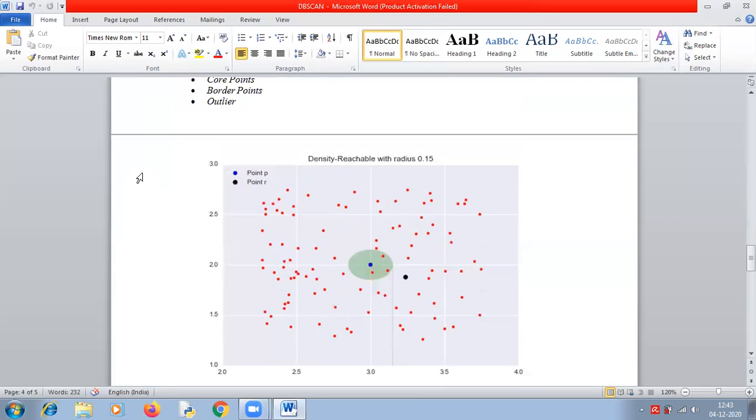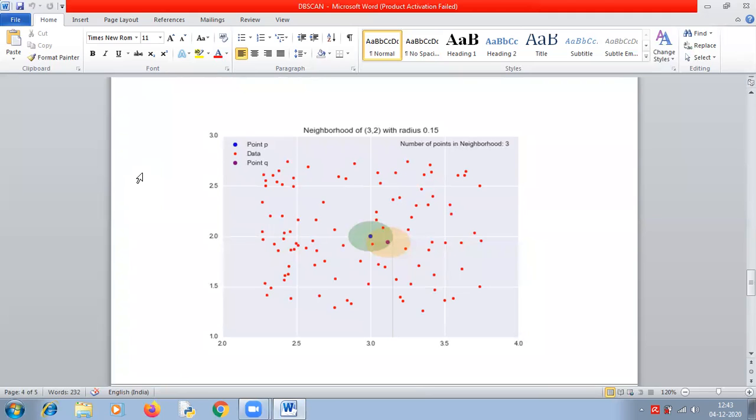So when we go up, you can see the black point, point R, is not reachable from point P. But when we define a point Q and its neighborhood, you can see that point Q is directly reachable from point P. The point R is not directly reachable from P, but it is contained in point Q's neighborhood.